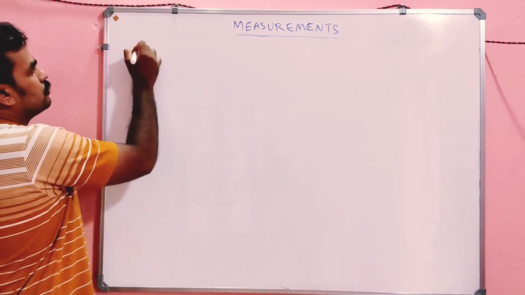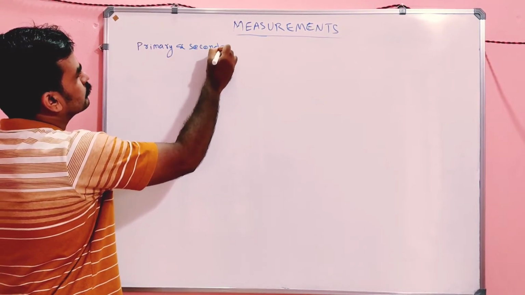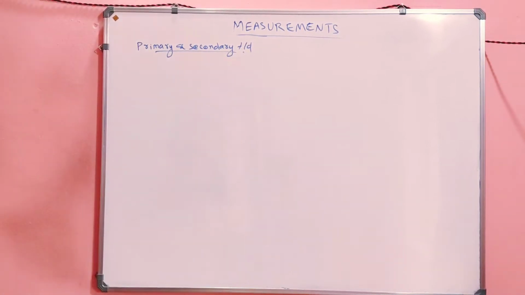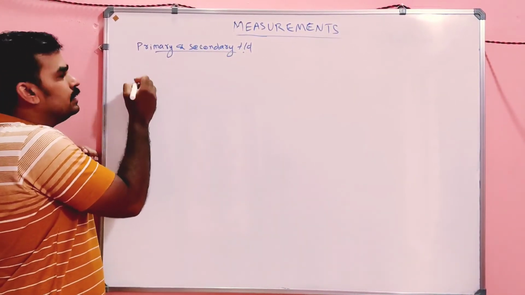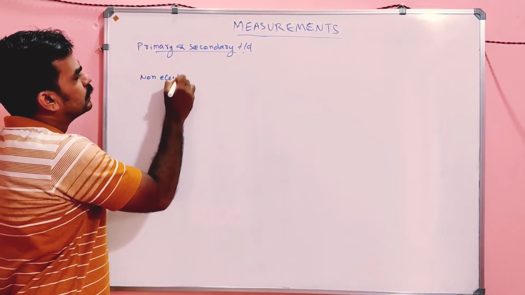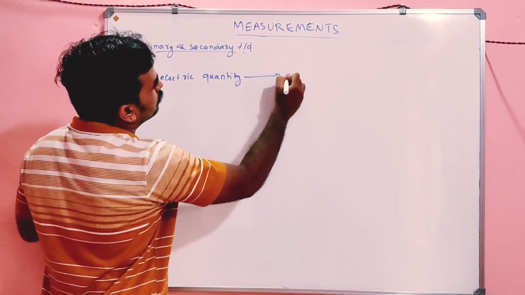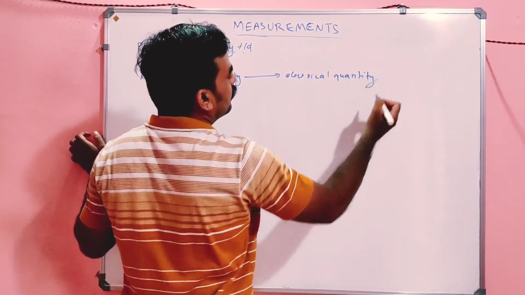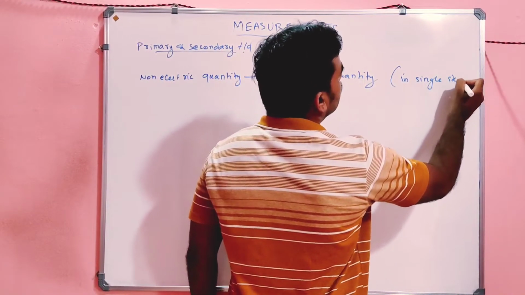Next, primary and secondary transducer. Primary and secondary transducer mean, my dears, that if a transducer converts the non-electrical quantity into electrical quantity in a single step, it is called the primary transducer.